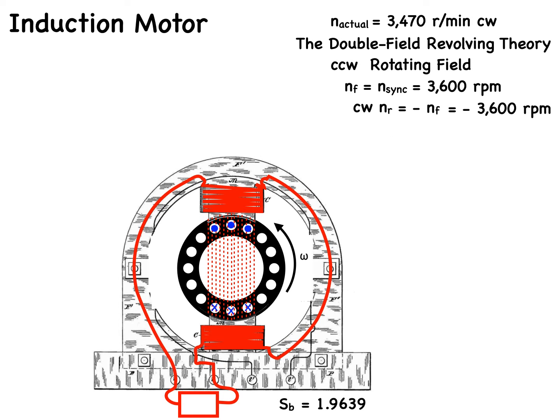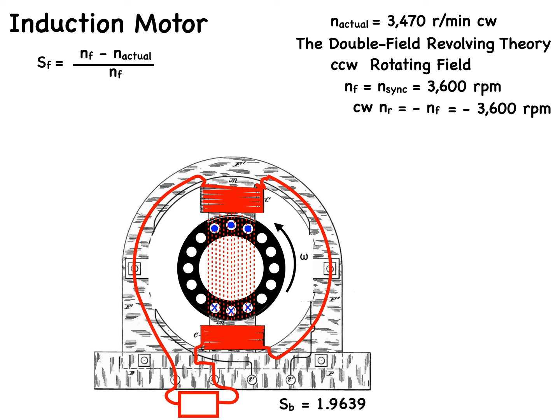We are now going to proceed with the calculation of the backward slip as it relates to the forward slip. And that is just a series of mathematical calculations, and some of it will seem repetitive, but bear with me. I'm going to start with the forward slip SF, which is defined in terms of the forward rotating speed NF minus the actual rotating speed of the rotor divided by the speed of the forward rotating field NF.